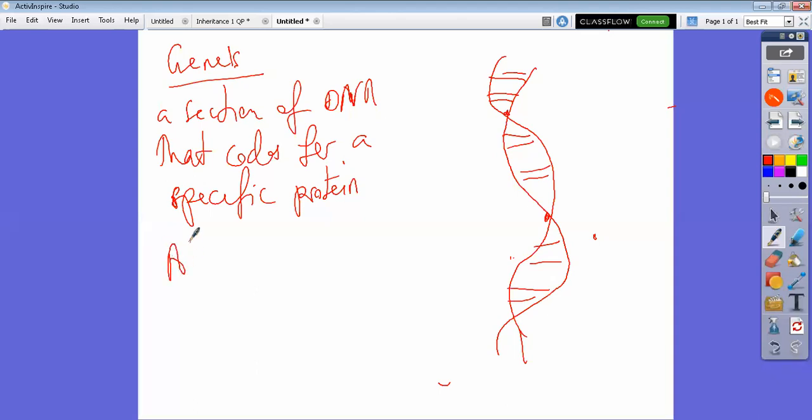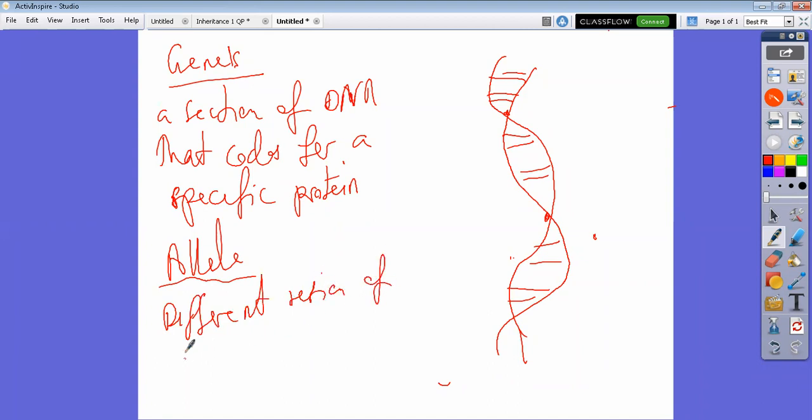Then we've got an allele, but this will make sense when you look at the diagrams just now. It's just a different version of the same gene.